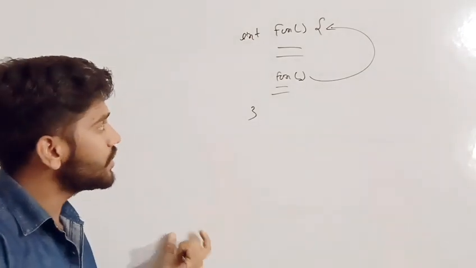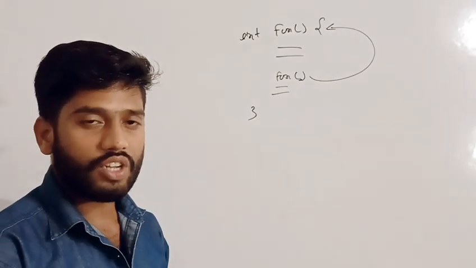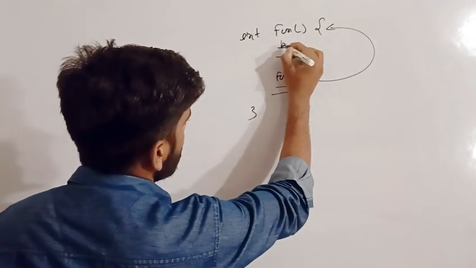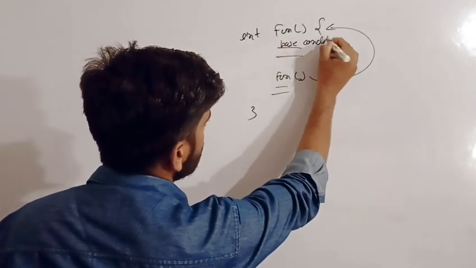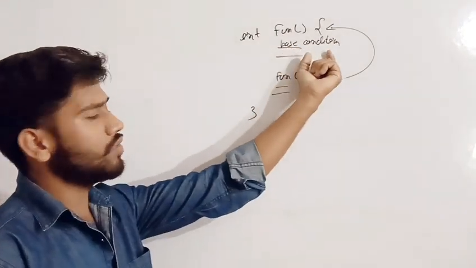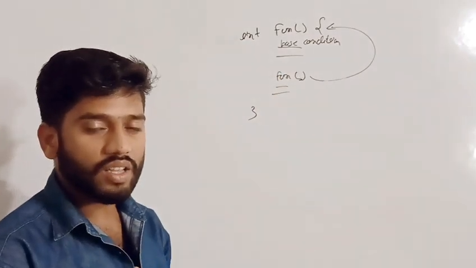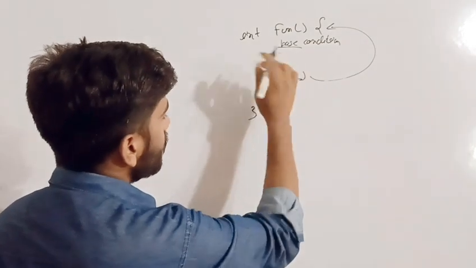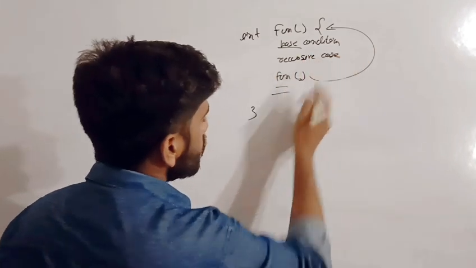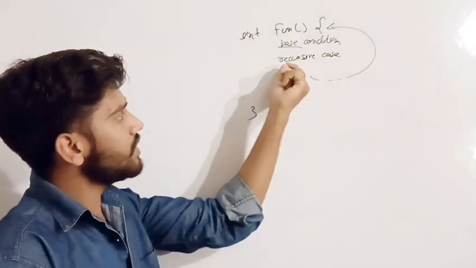The base condition defines when the calling function will stop, terminating its calls to itself. After mentioning the base condition, we have to define the recursive case, which is how we solve this problem.